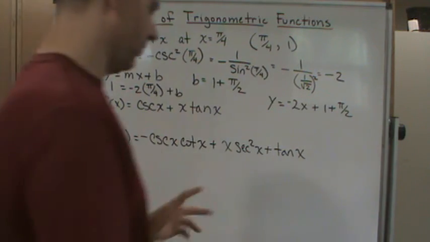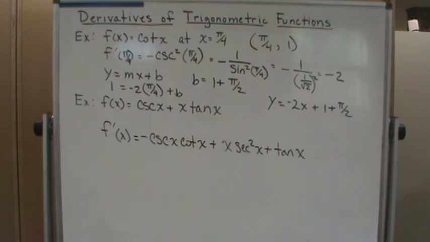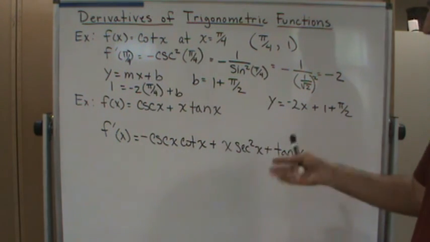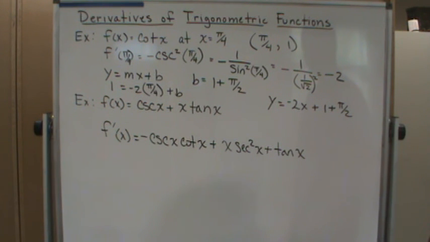Yeah, I don't think there's anything that we could do to simplify that, so we're just going to leave it that way. Always look for a way to simplify things, but in this case we can't simplify anything. I was thinking maybe we could use an identity, but nothing pops out. So this is it. That's the answer.